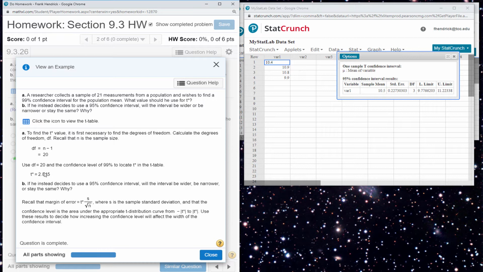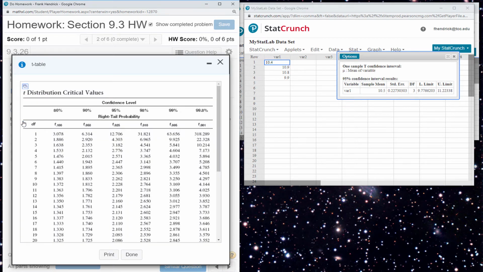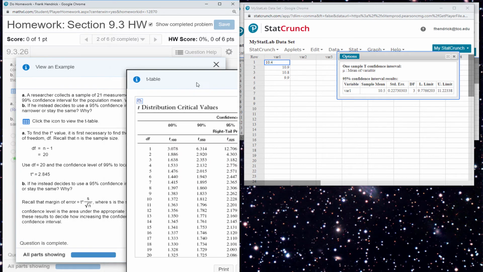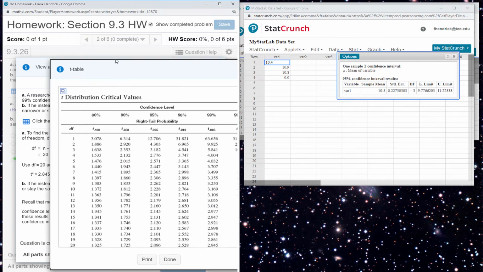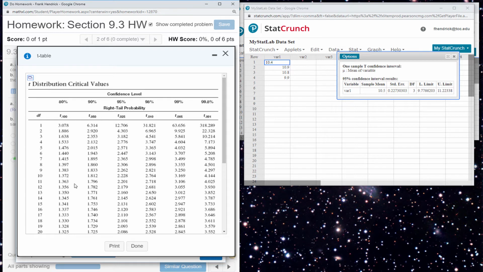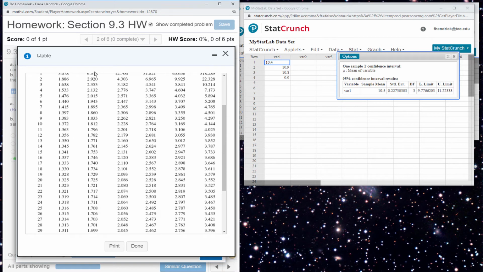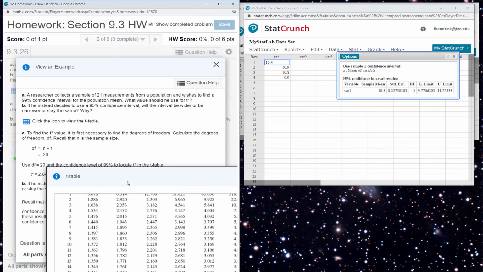So this one here, use the degrees of freedom. See 20, so degrees of freedom is n minus 1, 20. Okay, confidence level of 99. So let's look at the table here. There's 20.